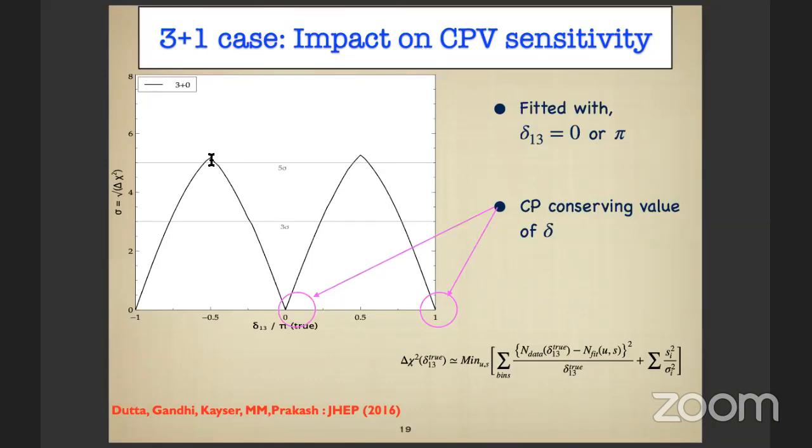So the interpretation is the following: when the actual value of the CP phase in nature is plus minus pi by 2, the capability of the experiment to probe CP violation is maximum. But of course, when the value of the CP phase itself is actually 0 or pi, then the capability of the experiment to probe CP violation is of course 0.